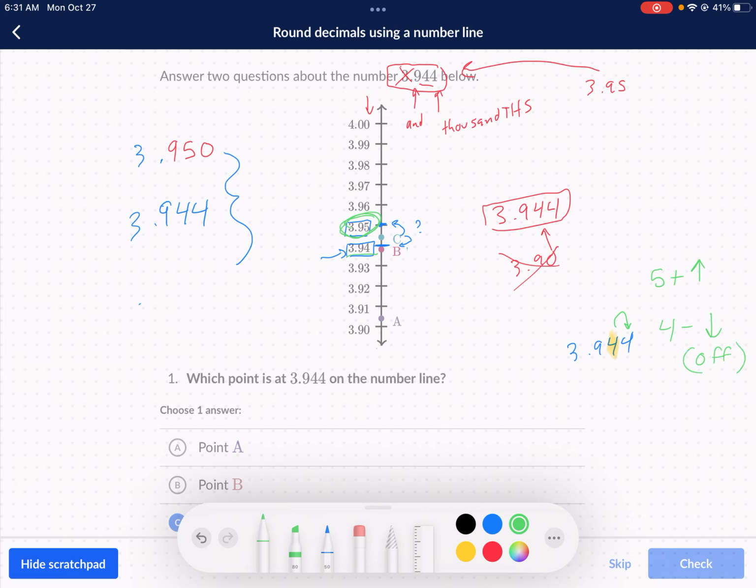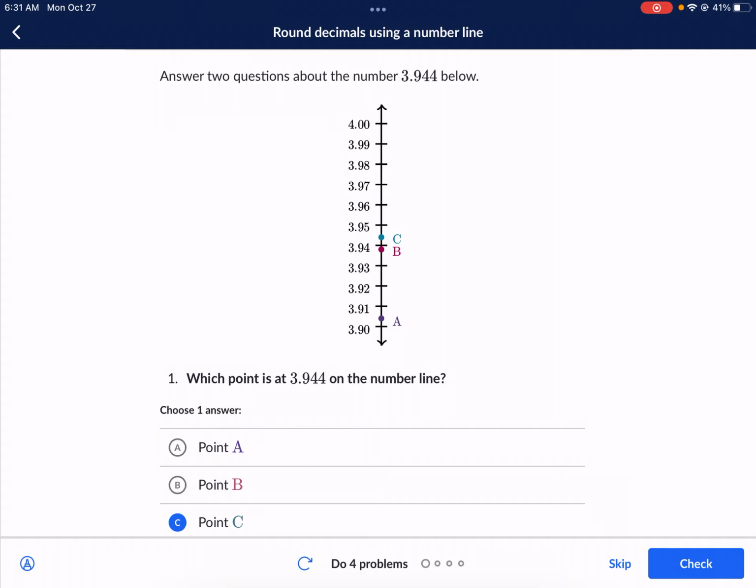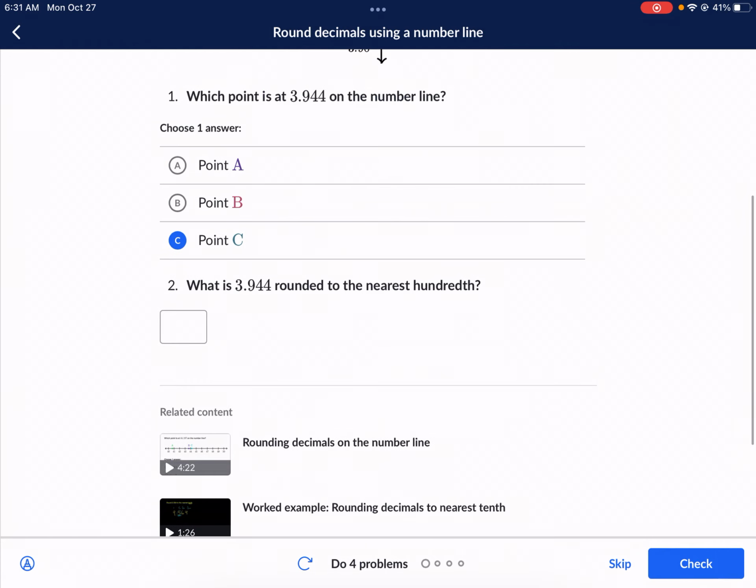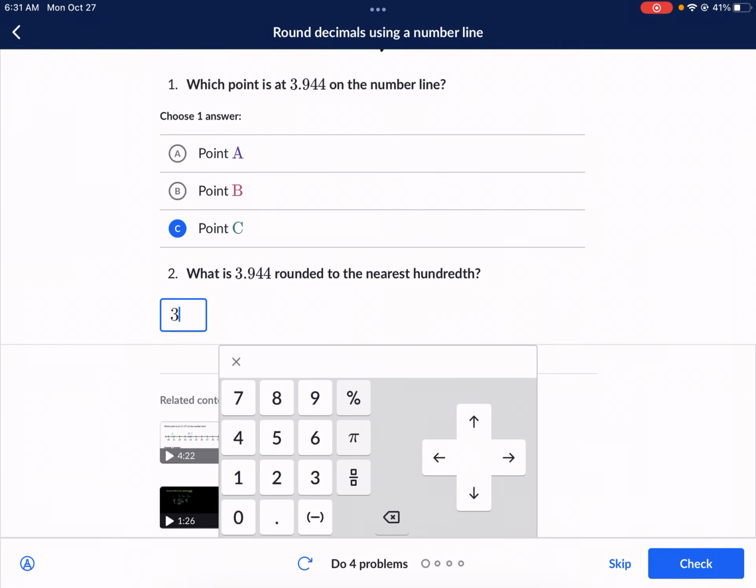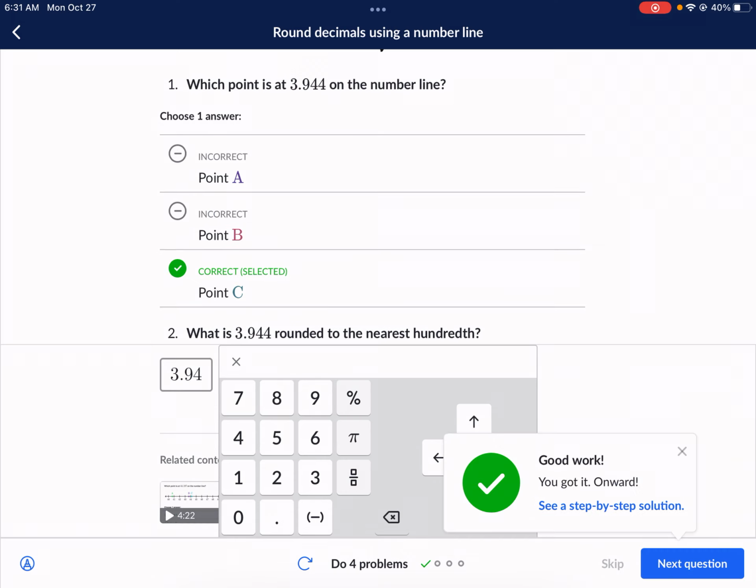In this case, it is closer to 3.94. This is a 4, which means we round off. Get that off, leave it alone. 4 and below, let it go. And this is going to be our closest rounded, shortened answer, 3.94. So I'm going to go over here and type in 3.94. And there we go.